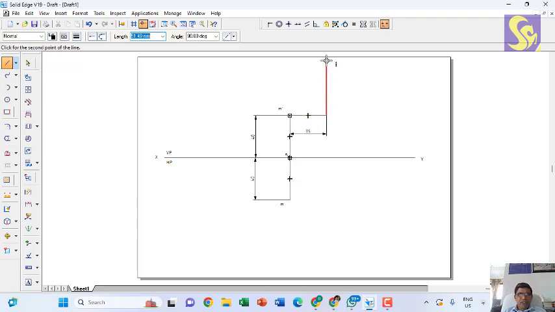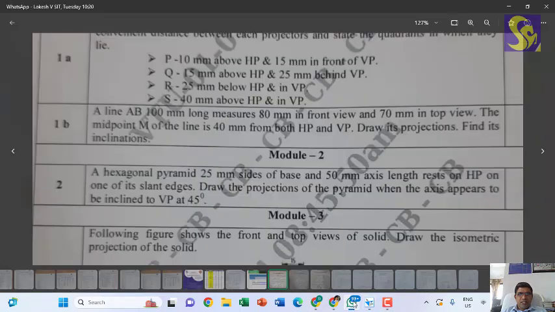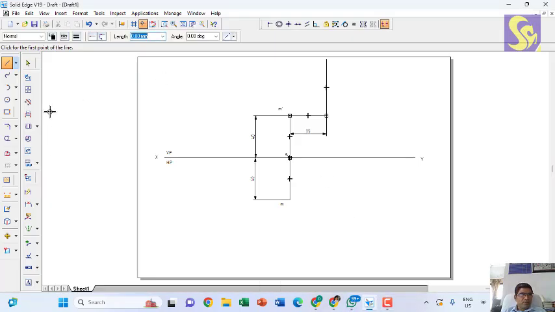So this is the end projector now, so that from M dash, if I cut an arc for half the true length, that is 80 mm by 2, which is nothing but 40, I should be able to get the true length point. So I will draw an arc by the center point method with M dash as center, with the radius equal to 40.